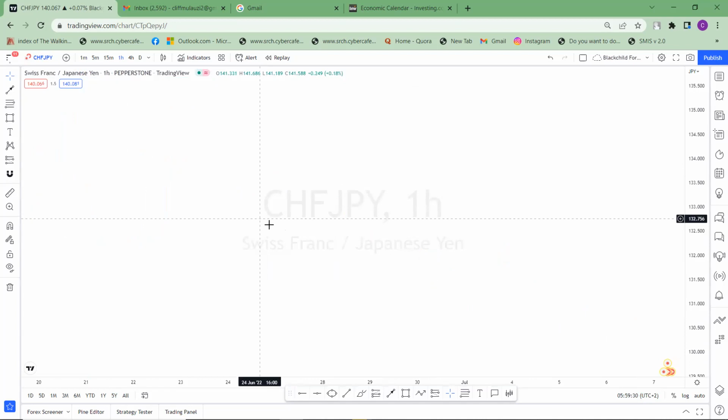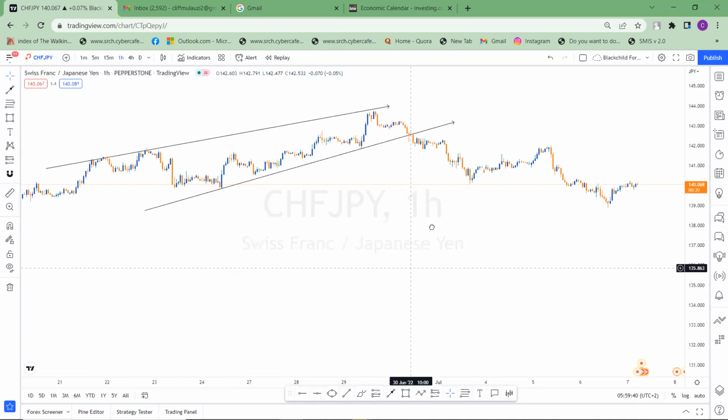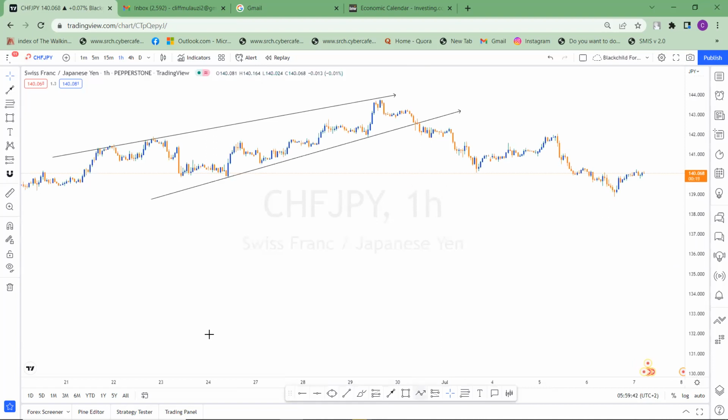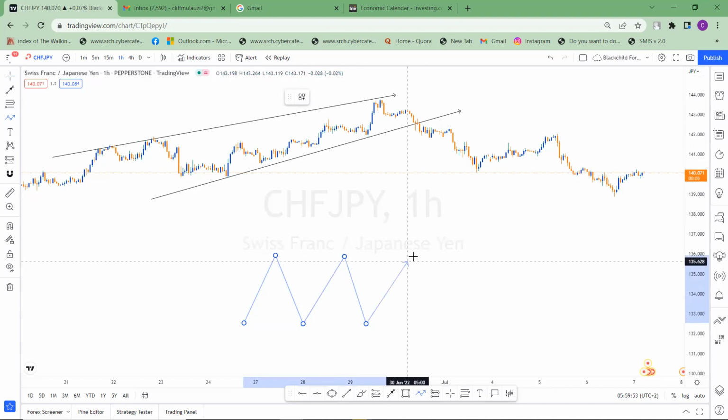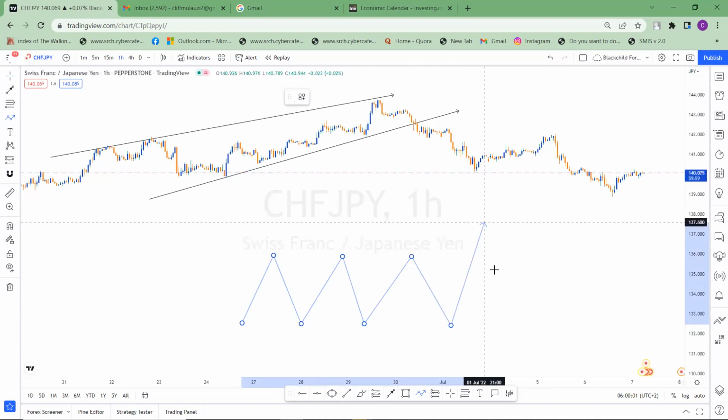Oops, where is my screen? Oh, yeah, that's about structures. So a ranging market, just a recap, I've said it's going to look like this, right? A ranging market is going to look like that, and then a bullish market is going to look like this.